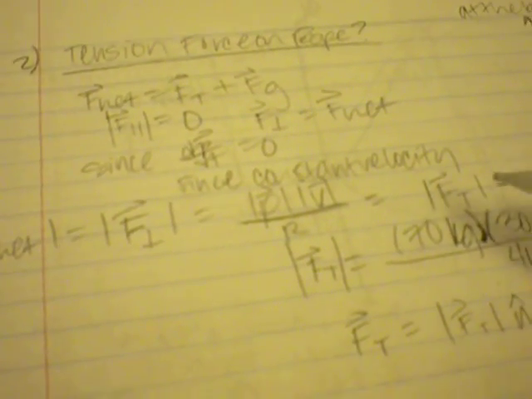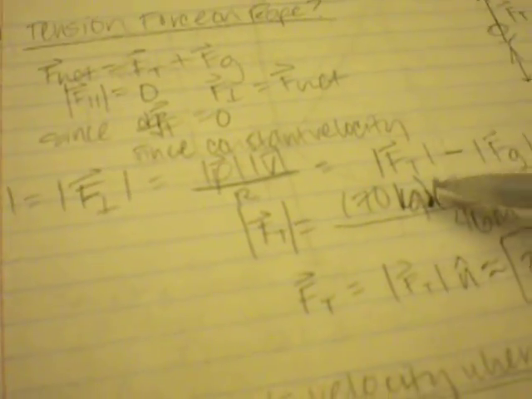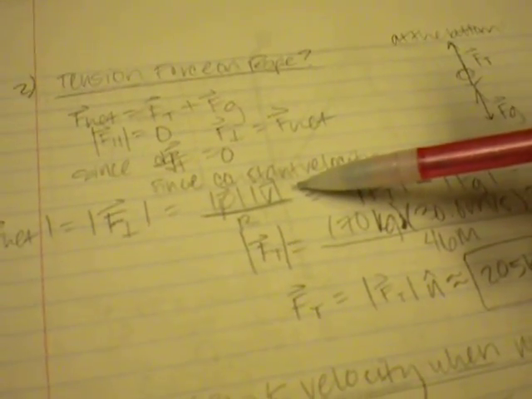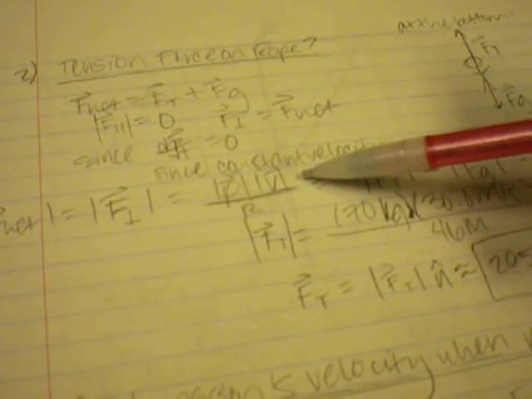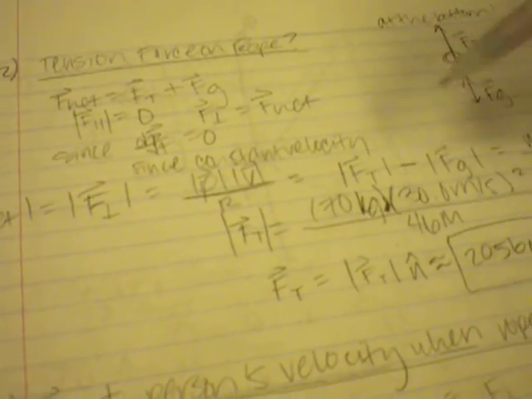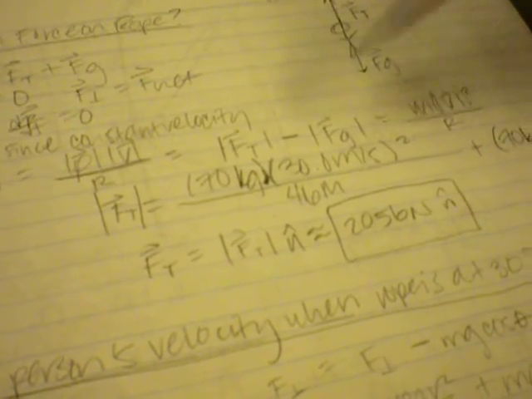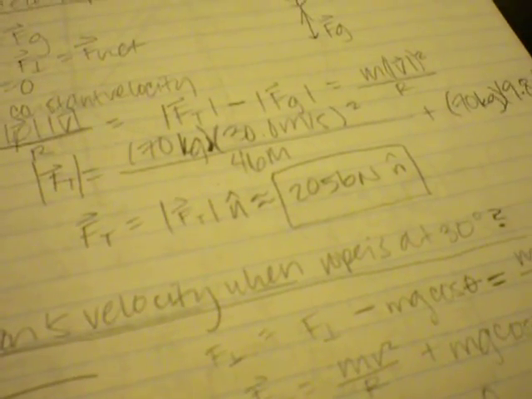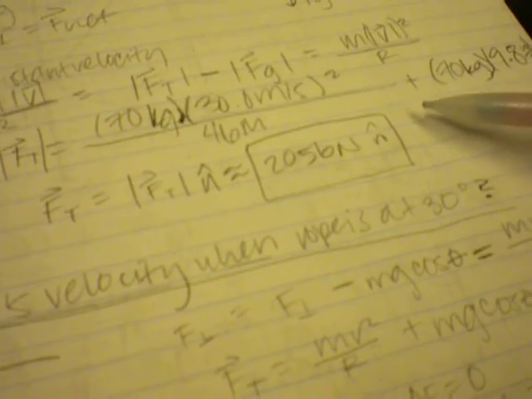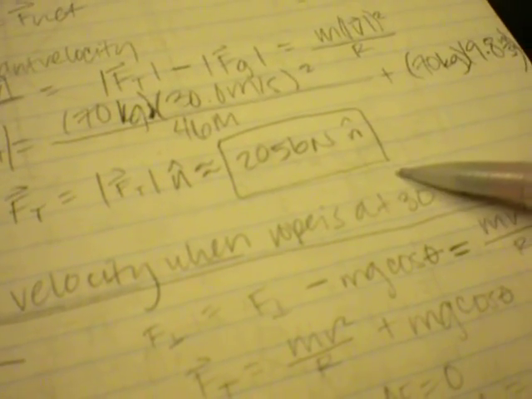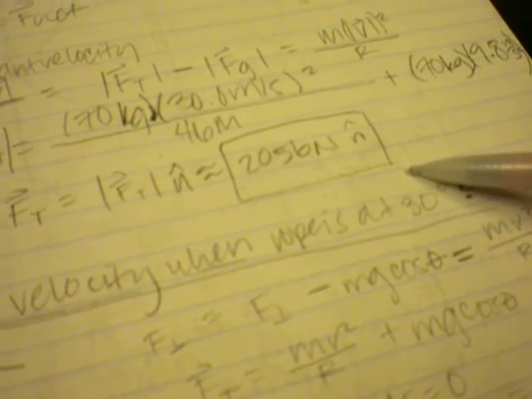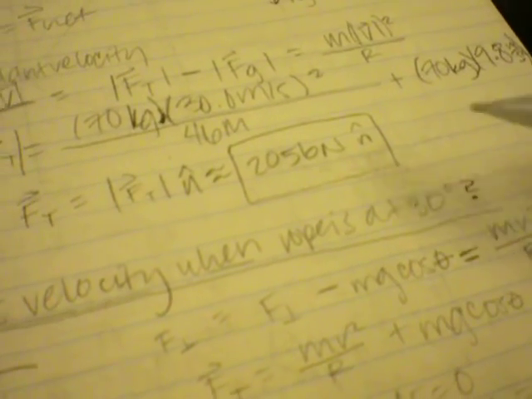So since F net is equal to F perpendicular, you know that F perpendicular is equal to the magnitude of p times the magnitude of v divided by R, which is equal to the tension force minus the gravitational force. And so you can just solve for your tension force using this equation, and your tension force will be 2056 newtons in the n hat direction.